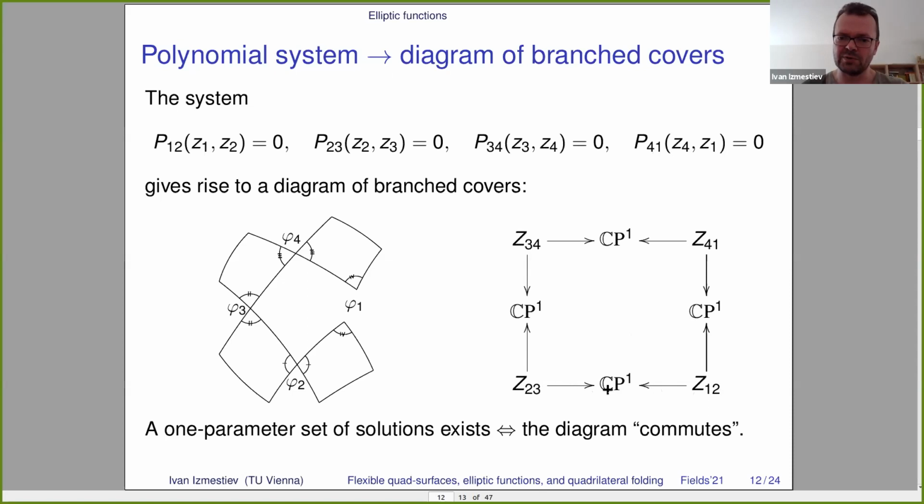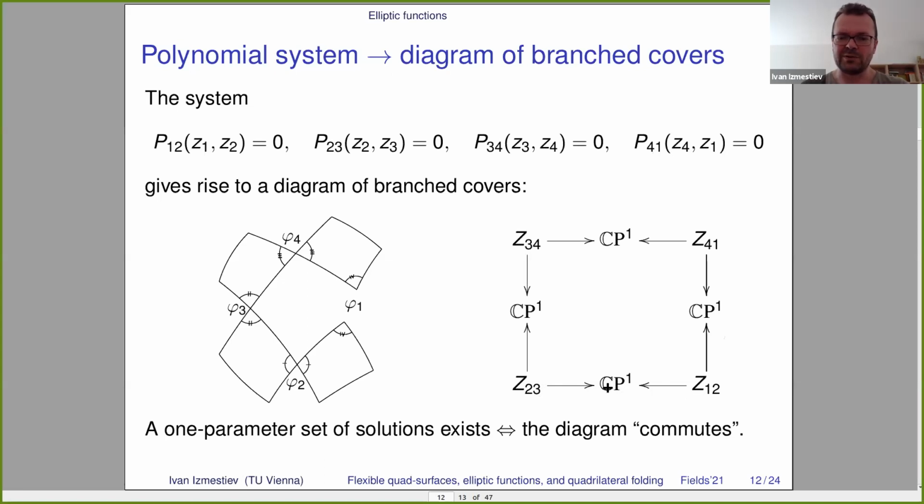So if you can climb some arrows and follow the other arrows and come back, and this solution extends to the whole CP1, then well, actually not to CP1, but to some cover of CP1, then we have a 1 parameter family of deformations.